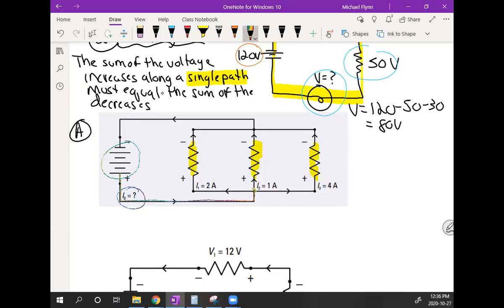Now there are 3 possible paths for them to take. The red guys go this way, the blue guys go this way, but then the orange guys go this way. And then the blue ones will follow this path up to here. The red ones will take this path up to here.